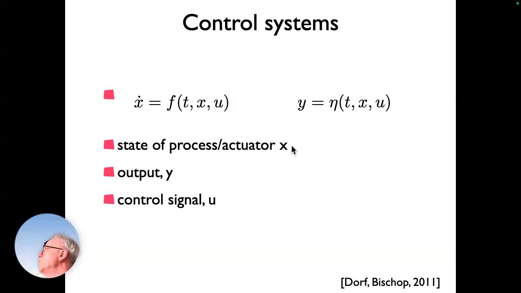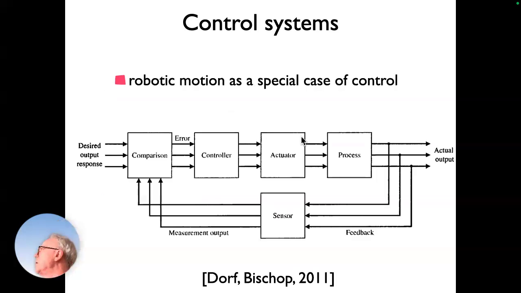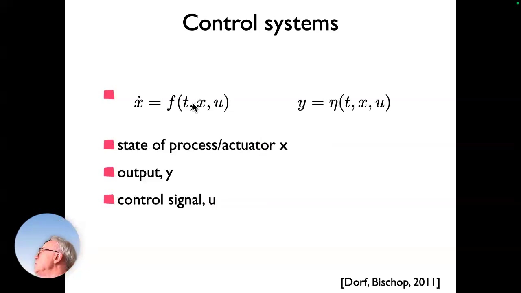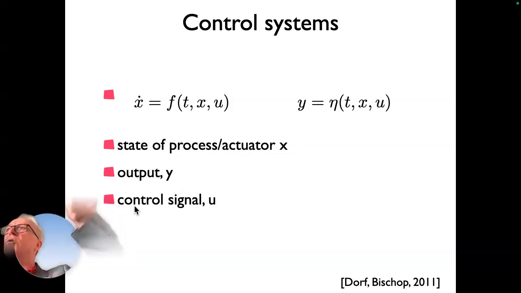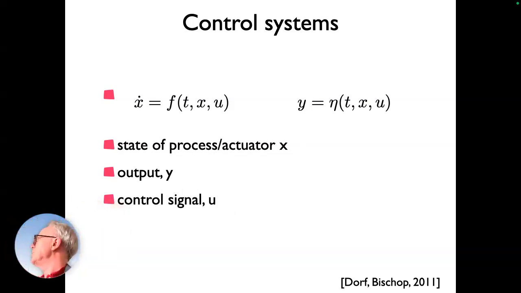They have some representation of that other thing, which is all lumped into one big state vector, X. You have the output, which is the thing that your sensors react to, which could be some transformation of your state vector. And you have your control signal, the thing that you compute and then send to your actuator. They always use the letter U for that.